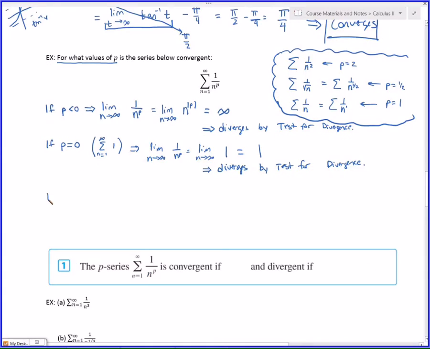Okay, so now let's talk about p as positive. This is where I'm going to use the integral test. So I'm going to take the integral from 1 to infinity of 1 over x to the p power dx.